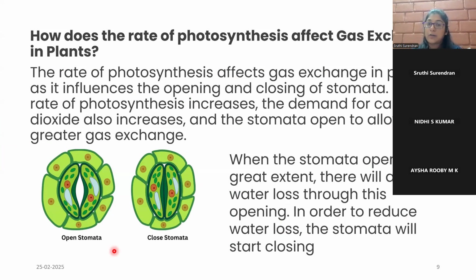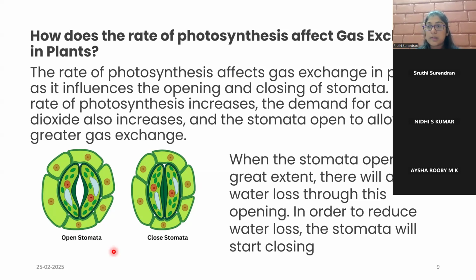Now, as the rate of photosynthesis increases, it means the carbon dioxide demand is high. Because of it, the stomata is going to be opened so that the carbon dioxide demand can be fulfilled. But when the stomata opens for such a long time, water is also going to go out of it. And as a result of it, water loss is going to happen. Then, in order to reduce the water loss, the stomata will start closing.